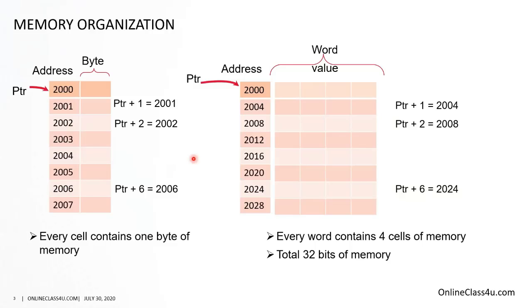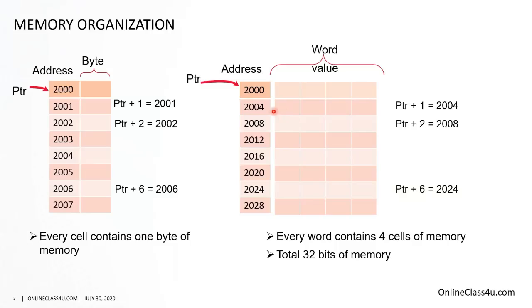Now come to the second diagram. Here each row consists of 4 cells, that means each memory word is 4 bytes, or 32 bits. Again we are considering the memory starting from memory location 2000.